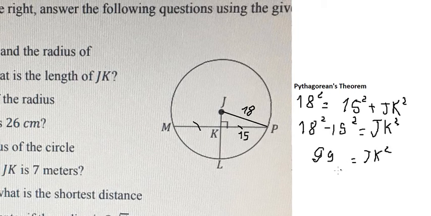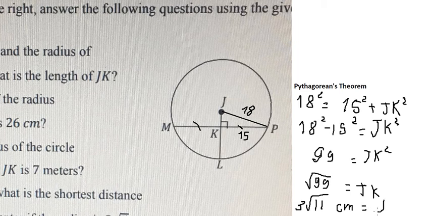So we take the square root of both sides. We simplify this number and we got 3 multiplied by the square root of 11, and this is the value we need to find.